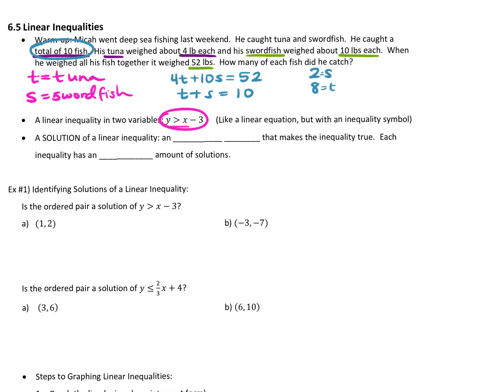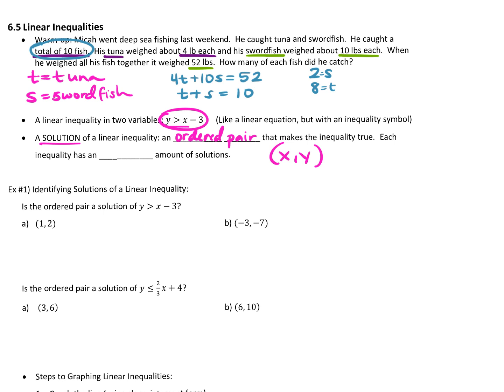Here's how this works, though. A solution of a linear inequality is an ordered pair, right? That's like this, (x, y), okay? So a point, if you will, an ordered pair that makes that inequality true.